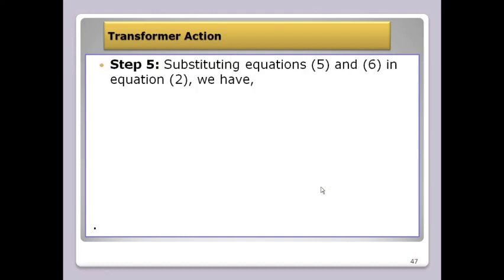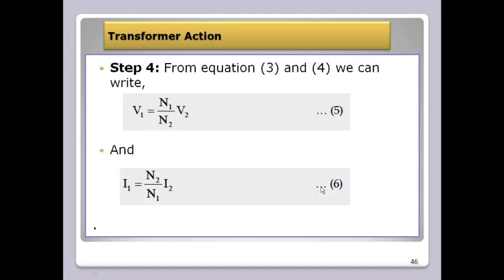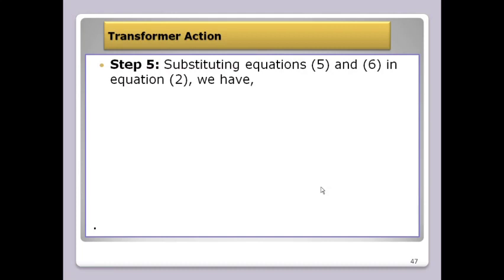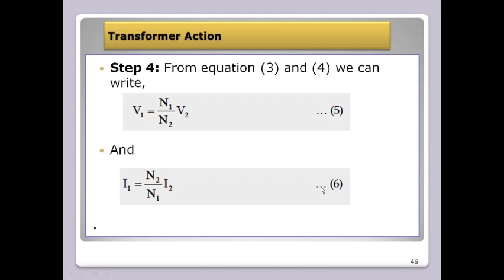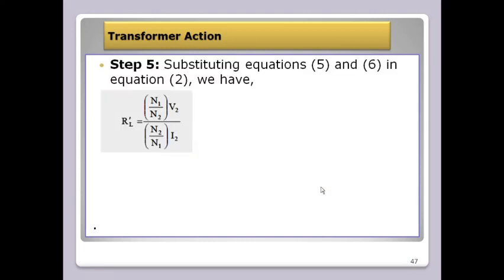So we have the equations for V1 and I1, and we substitute them in the equation for RL dash, the reflected load in the primary of the transformer. Here we are substituting the V1 value, N1 by N2 into V2, and the I1 value, N2 by N1 into I2.